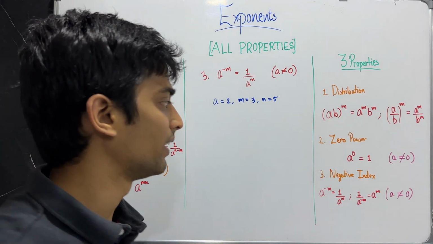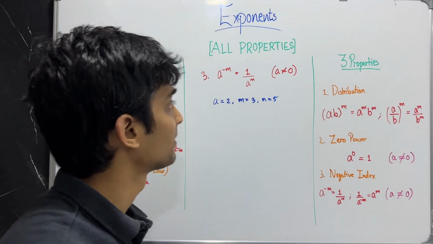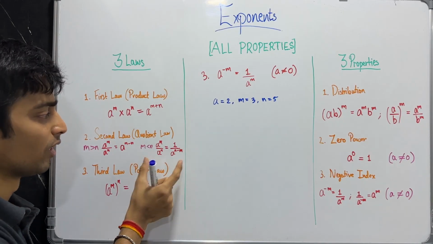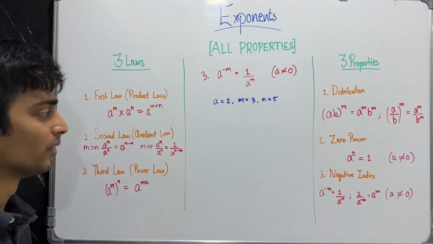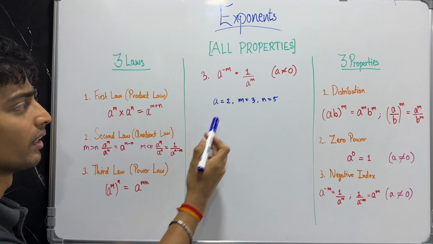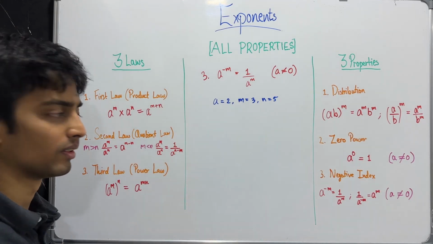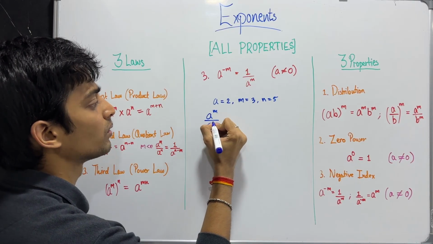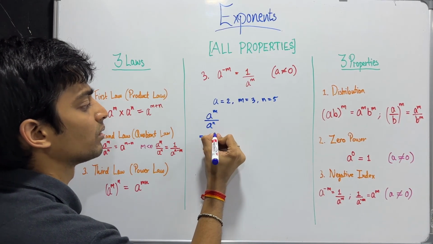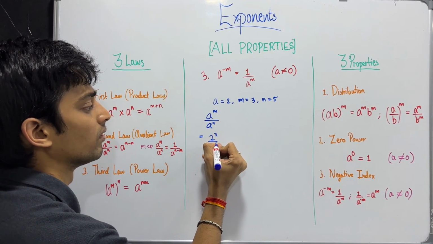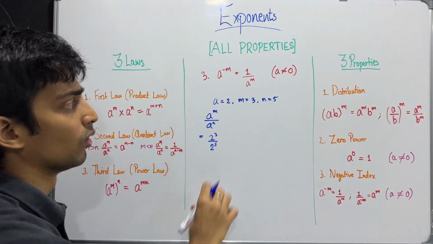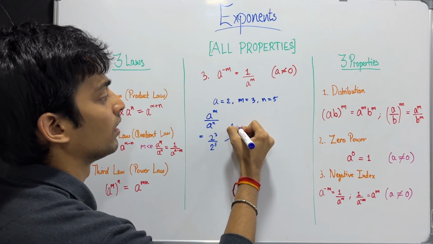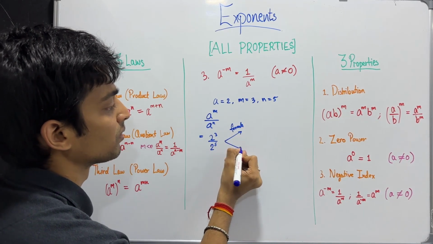Okay, the last property, negative index. Let's see this. So look at this example. So look at this law when m is less than n. So let's apply this. So we have taken A is 2, m is 3, n is 5. Let's apply A raised to m upon A raised to n, which will become 2 raised to 3 upon 2 raised to 5. Okay, now there are two ways to do this. Let's use the formula and then let's use expanding.